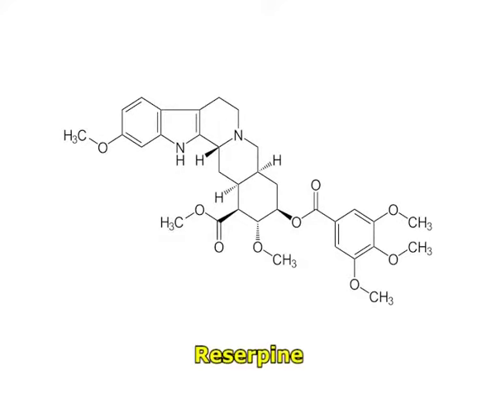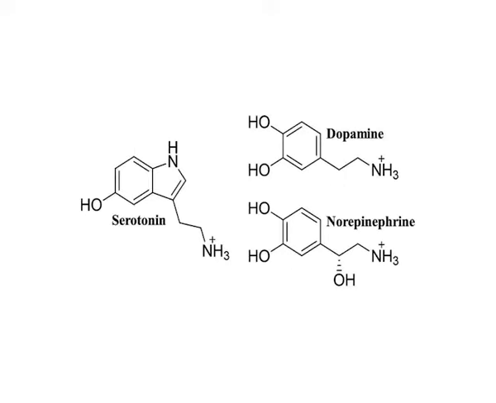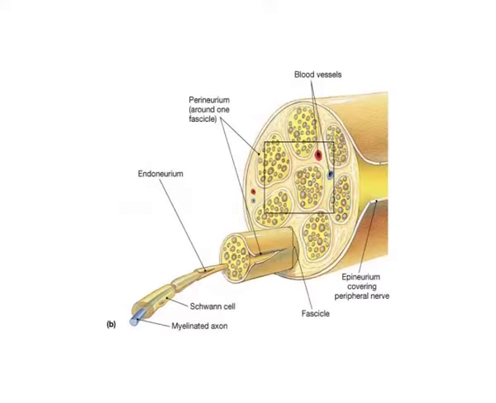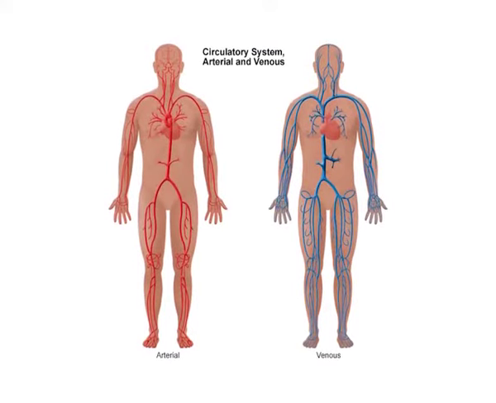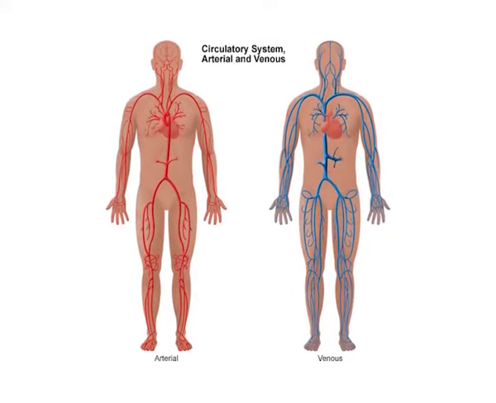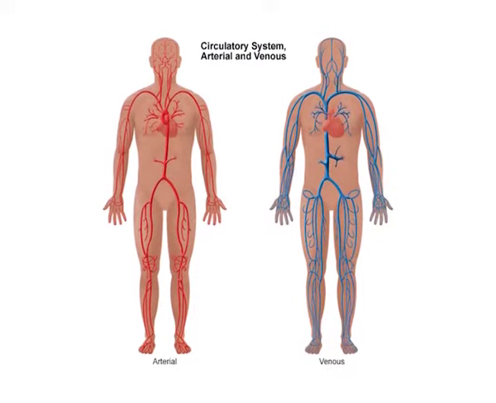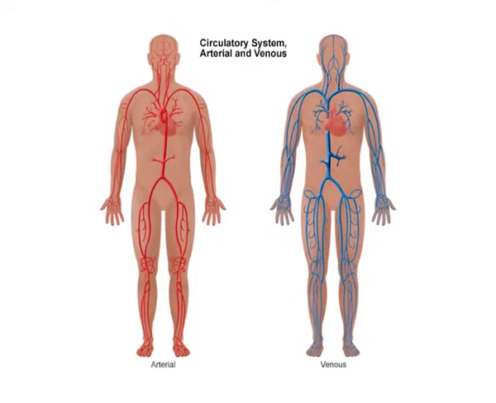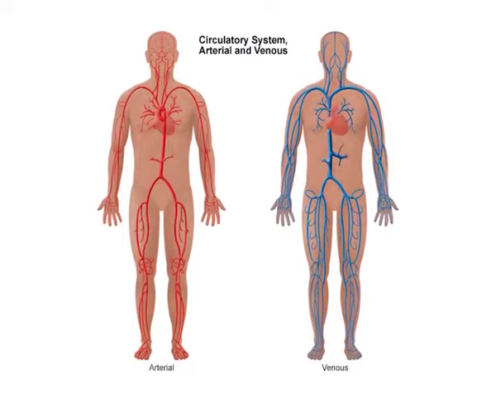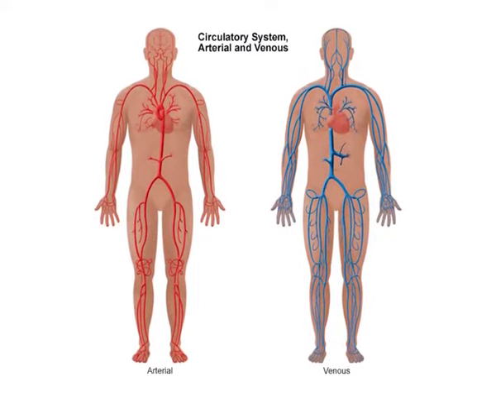The antihypertensive action of reserpine is a result of its ability to deplete catecholamines, among other monoamine neurotransmitters, from peripheral sympathetic nerve endings. These substances are normally involved in controlling heart rate, force of cardiac contraction, and peripheral vascular resistance.